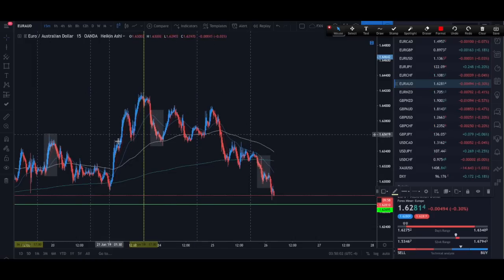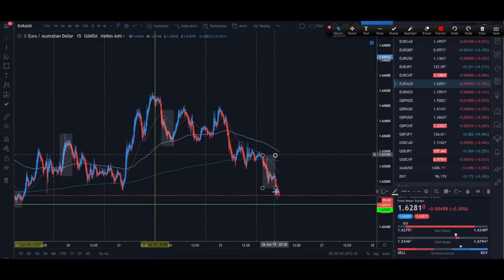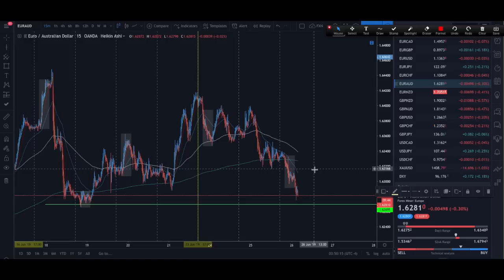Trap. Well, you have Sunday, Monday, Tuesday, trap, reversal. We've got to see on this one, because I'm thinking it could come up and then continue back down for more.